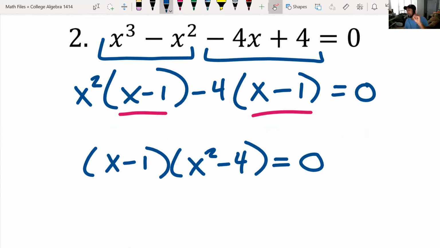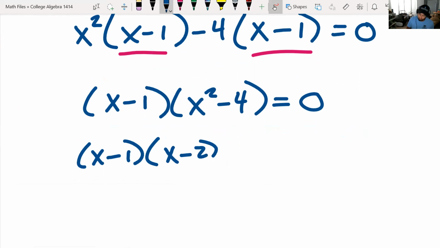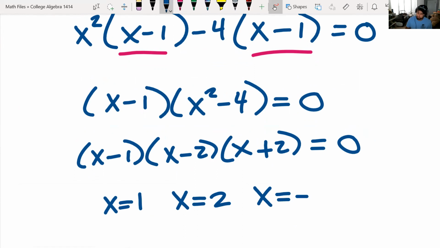It's factored, but it's not completely factored because x squared minus 4 is a difference of squares. So that'll factor to x minus 2, x plus 2 equal to 0. Now it's completely factored and broken down. Solve for x. X equals 1, x equals 2, x equals negative 2.